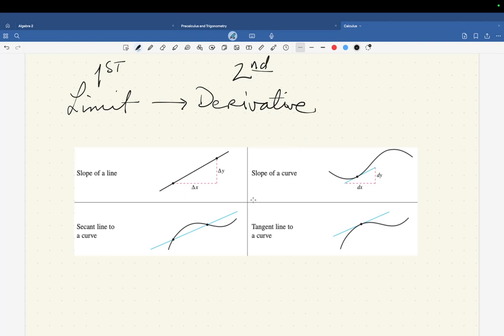The derivative is going to be the instantaneous rate of change, where we before could only calculate the slope between 2 points. Now, we're going to calculate the slope at a specific instant in time. And so this we'll call the tangent line to a curve, and the tangent line to a curve is the derivative.